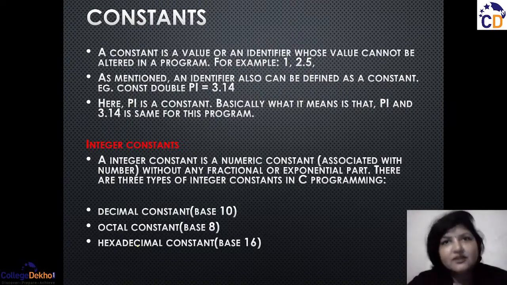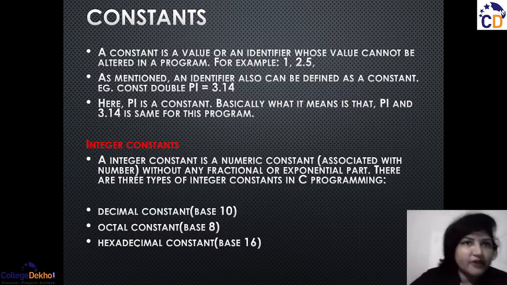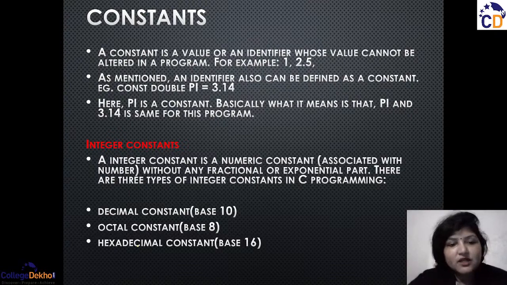In compilers or computer architecture, you may be learning about numbers. Under that, you may understand what is base 10, what is base 8, how to convert a decimal constant into an octal constant, how to convert an octal constant into hexadecimal, and how to have base 2. These are some basic concepts. We will be doing some programs on this also.